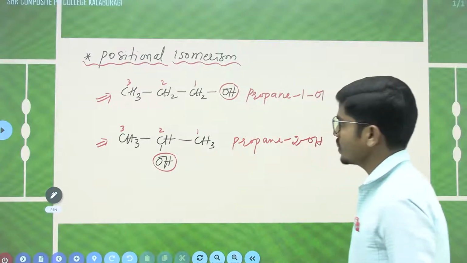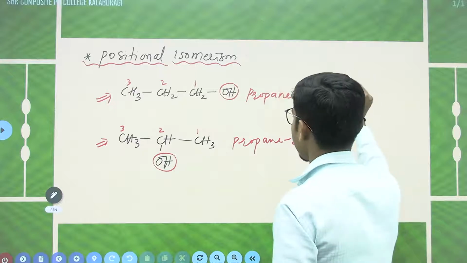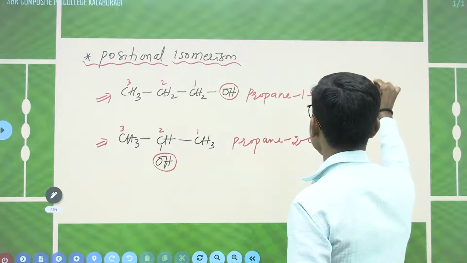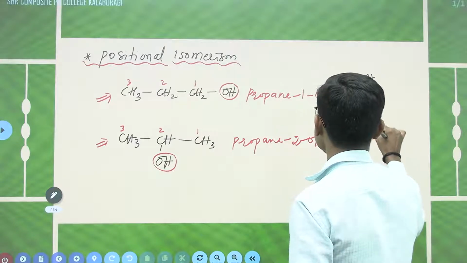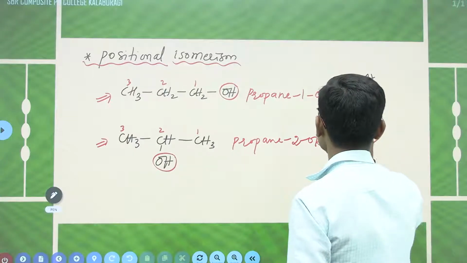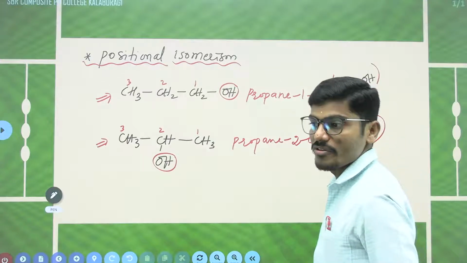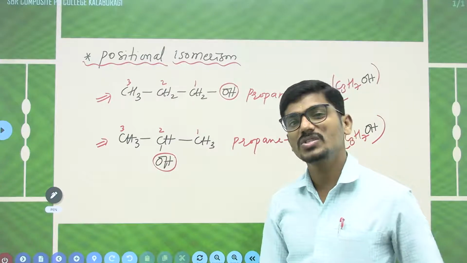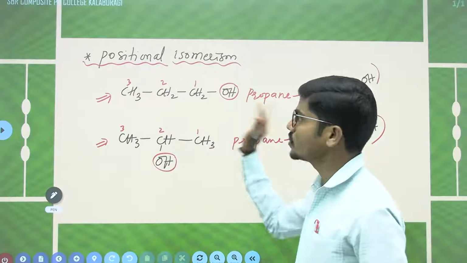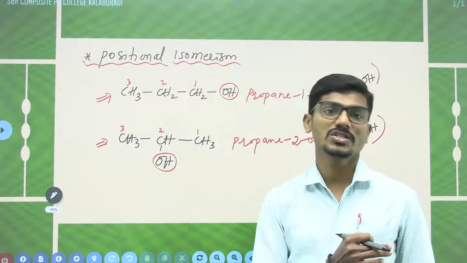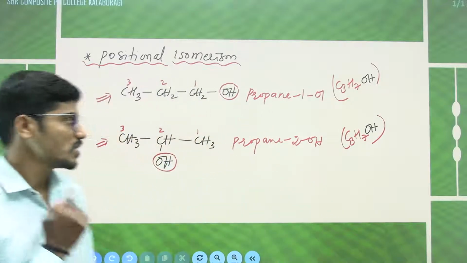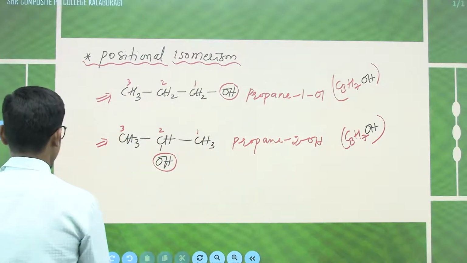The compounds have the same molecular formula, C3H7OH. The molecular formula is the same, the functional group is also the same, but these two differ in the position of the functional group. Therefore these are said to be positional isomers, and the phenomenon is known as positional isomerism. The first one is chain isomerism, the second one is positional isomerism.